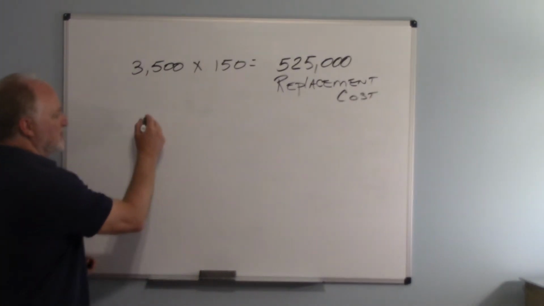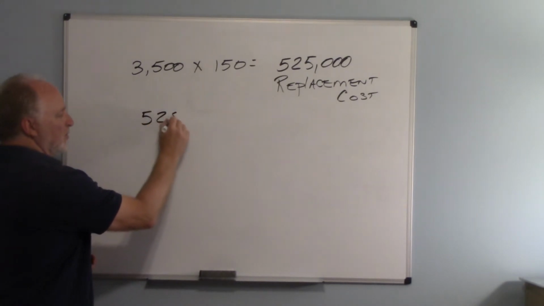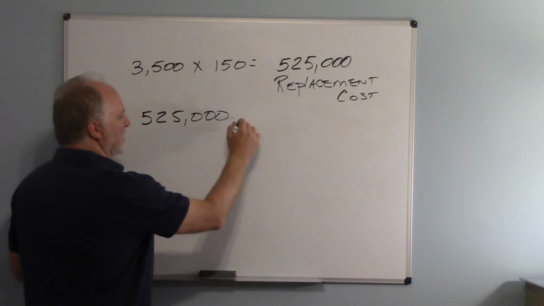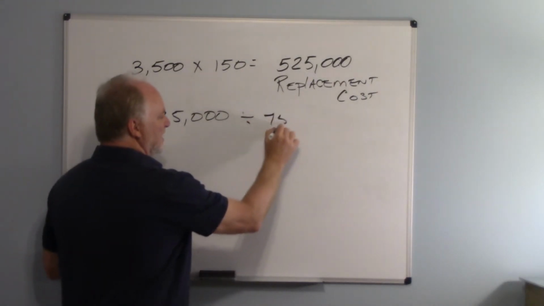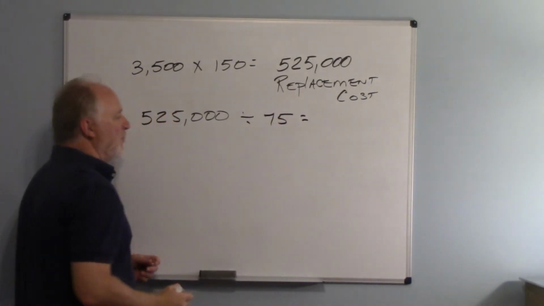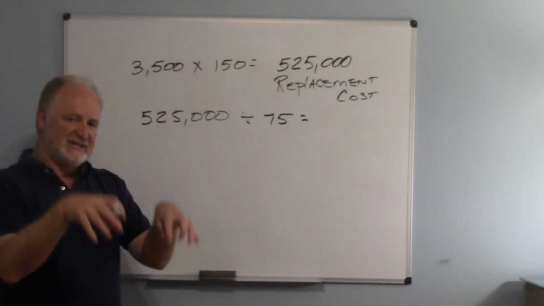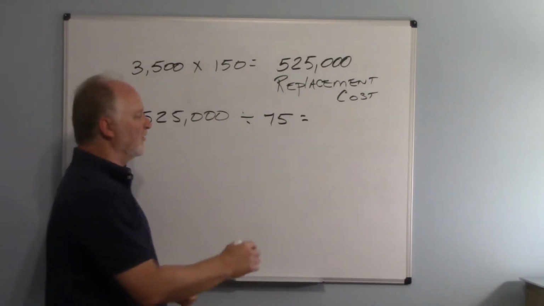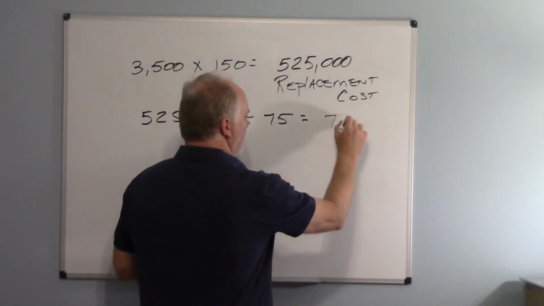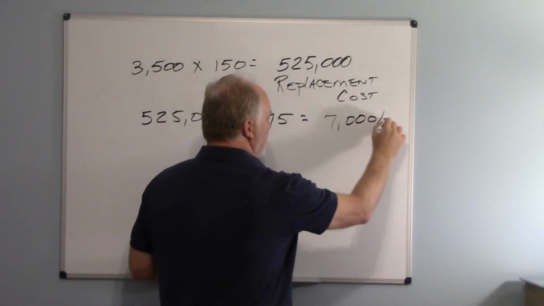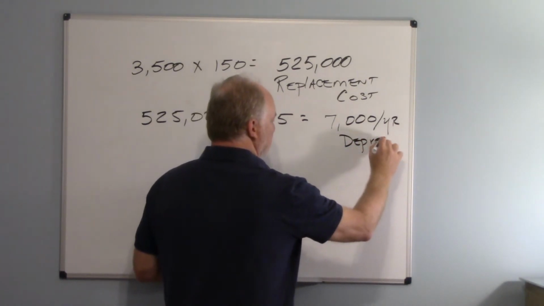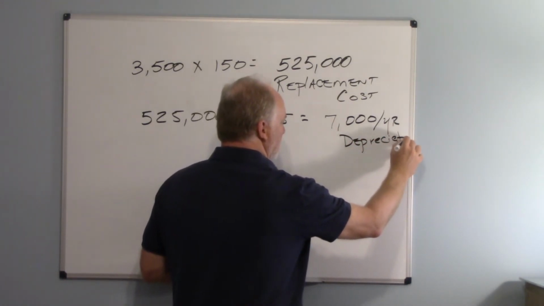So if the building new is worth $525,000, and in 75 years it's going to be worth $0, how much is it losing per year? How much is it depreciating per year? $7,000 per year. $7,000 per year depreciation. And it's just simple straight line depreciation.